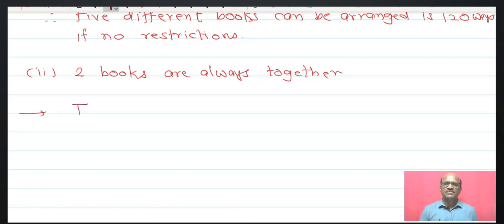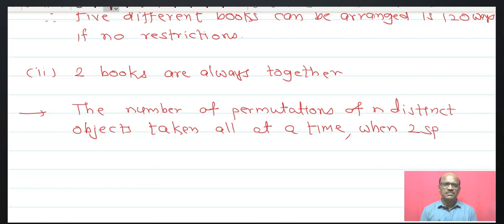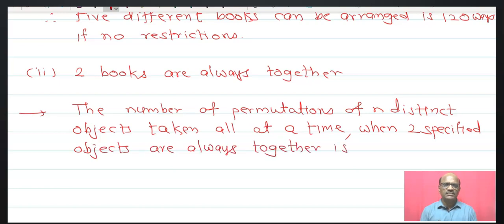Now see this here. The number of permutations of n distinct objects taken all at a time, when 2 specified objects are always together, is 2 (n minus 1) factorial.